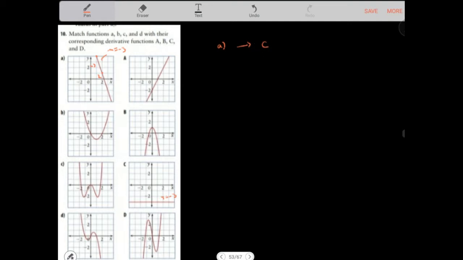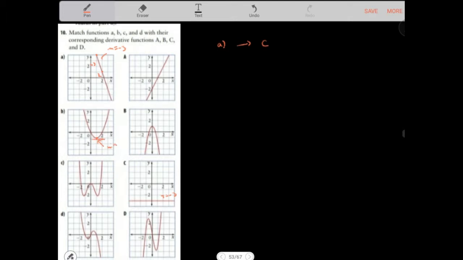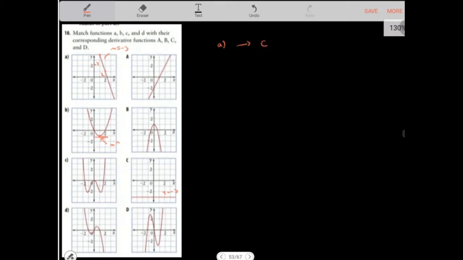Now let's take a look at graph B. We can understand here that this is a parabola. This point here is what we call a minimum, and the slope at a minimum should be 0. So the derivative function will actually have a 0 at 1.